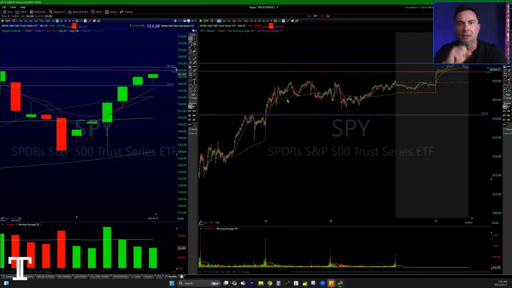So now that we know that, should we buy every single time that we touch the VWAP? No, because institutional traders are not using it that way anymore. It was used that way, where institutions, banks, hedge funds, whatever, they have an obligation to their clients to give them the best price.